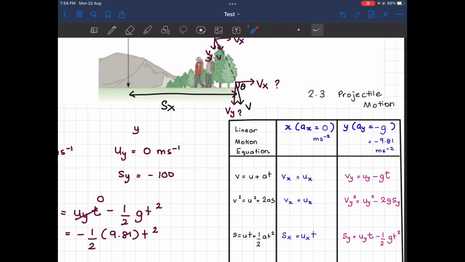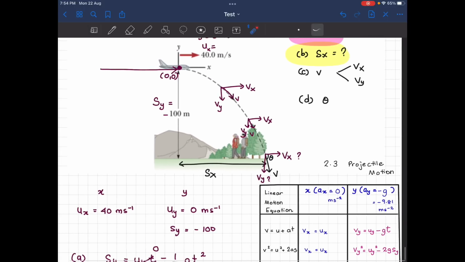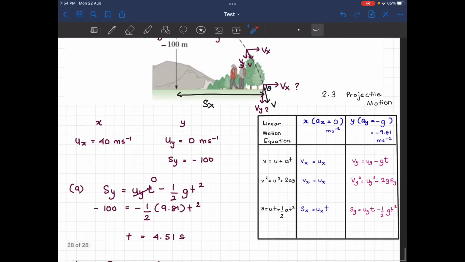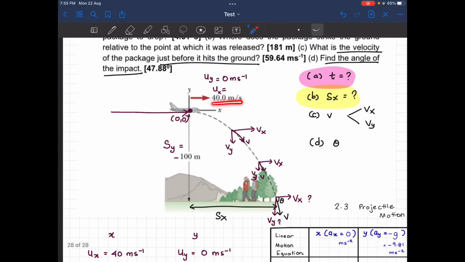This concludes that the velocity in the X component, wherever it is, could be here, could be here, will always equal the Ux. So in this case our Ux is 40. So we can say the value of Vx is always 40, in this situation this one is 40, and this one is 40.